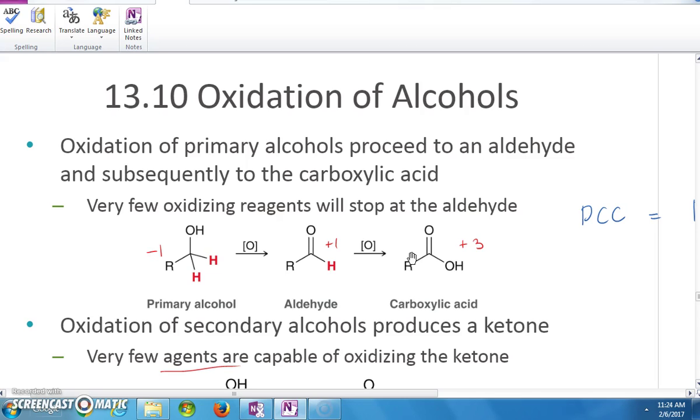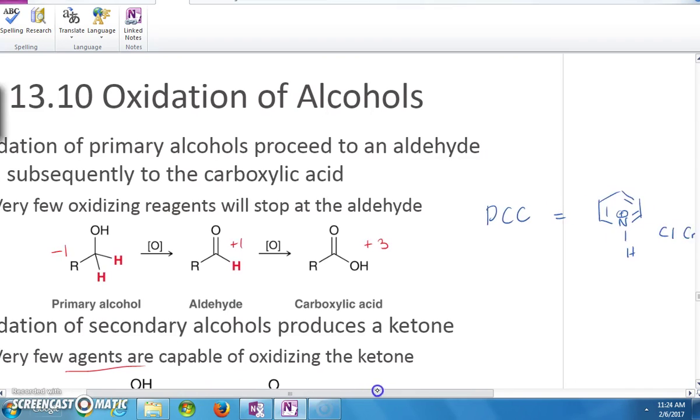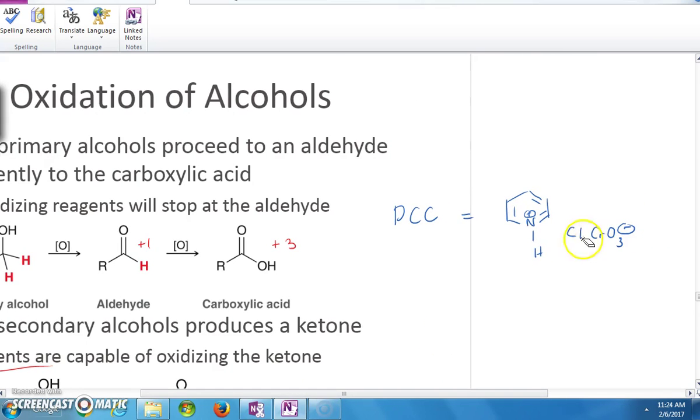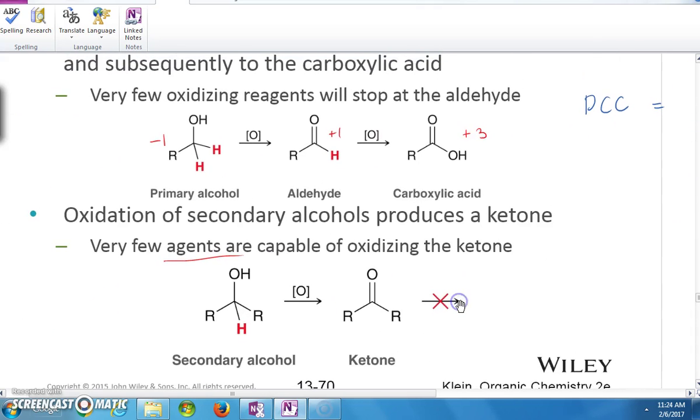If you want to stop at the aldehyde, then you will have to use something like pyridinium chlorochromate. Oxidation of secondary alcohols produces the ketone. Very few agents are capable of oxidizing ketones.